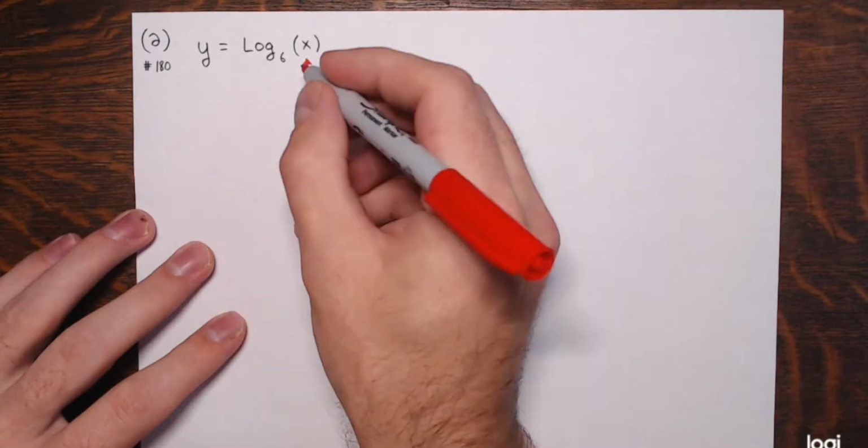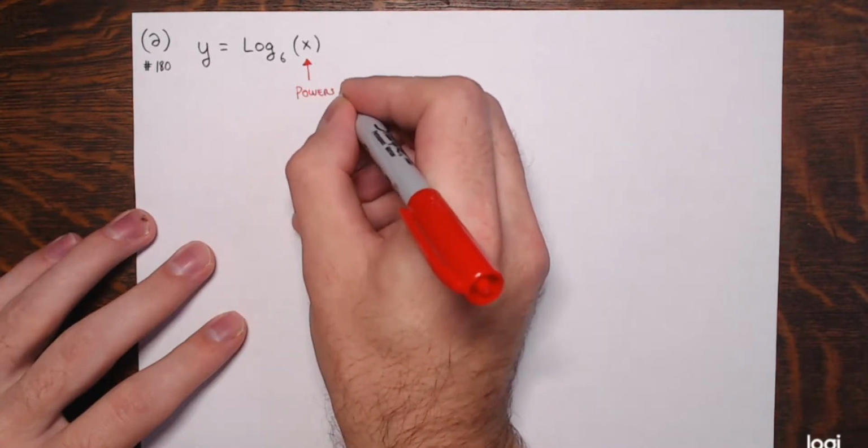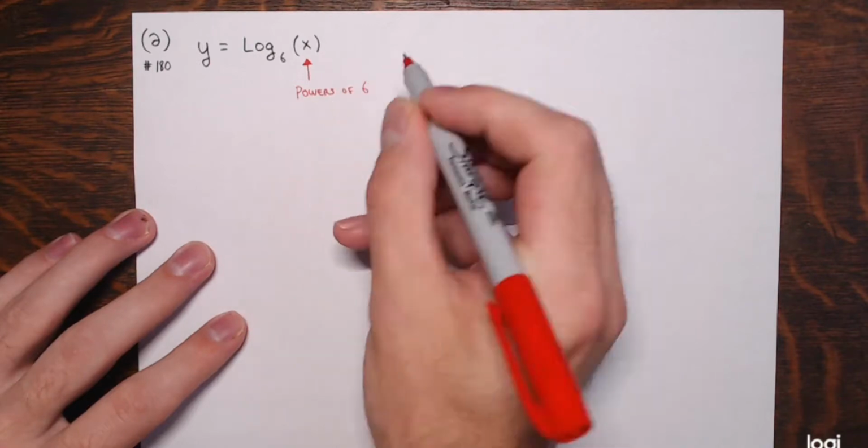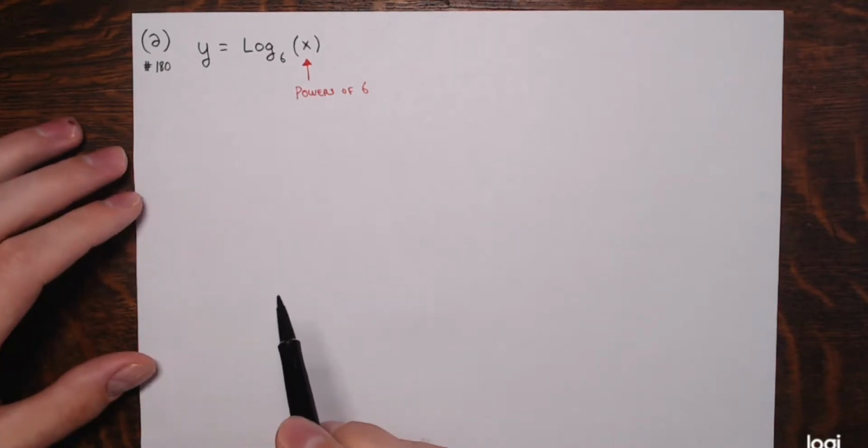But to make it easy, I'm going to plug in powers of 6. So 6 to the 0, 6 to the 1, 6 to the 2, 6 to the -1, 6 to the -2, whatever.